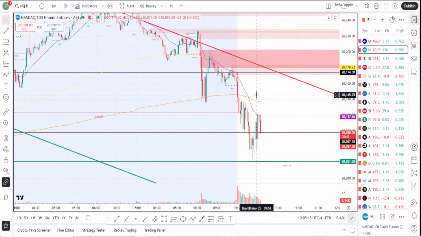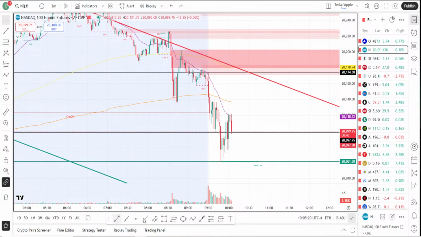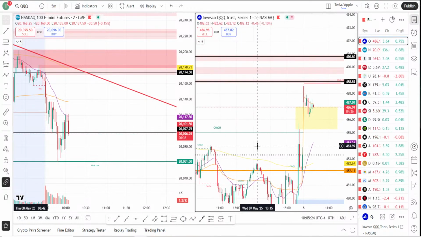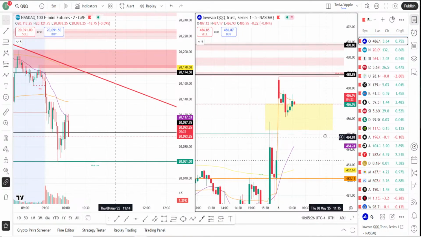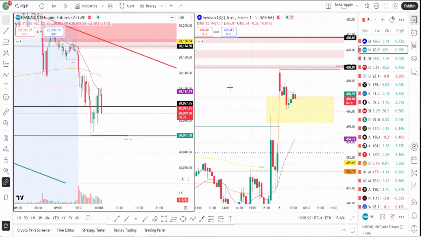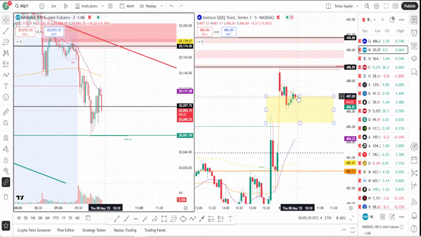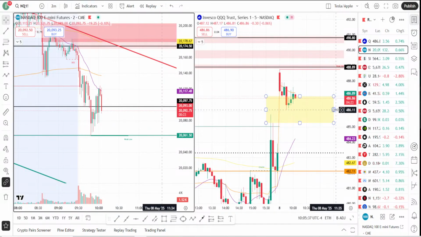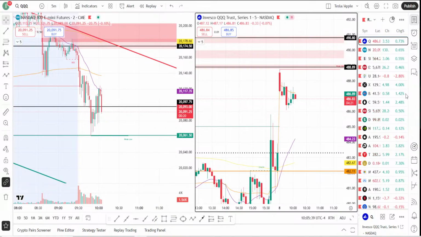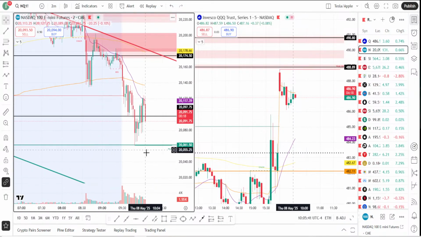Okay, let's put up the ES as well here. There we go. Okay, if we get some strong sellers here, I might jump in some shorts. We need to close strong though.